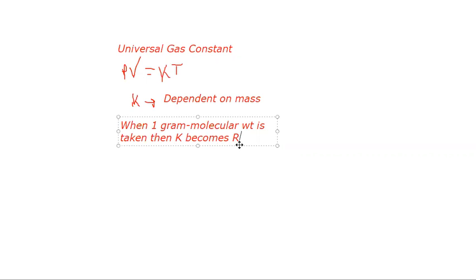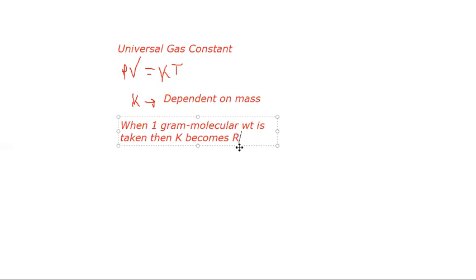Okay. Why is it known as universal? Because from Avogadro's hypothesis, 1 gram molecule of all gases occupies the same volume under identical conditions of temperature and pressure. You must have learned in chemistry that 1 gram molecular weight of all gases will contain the same volume under identical conditions of temperature and pressure.